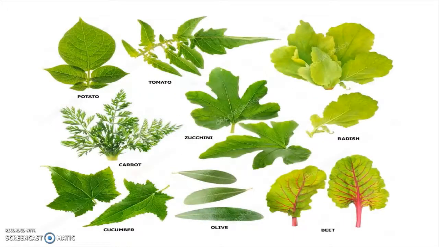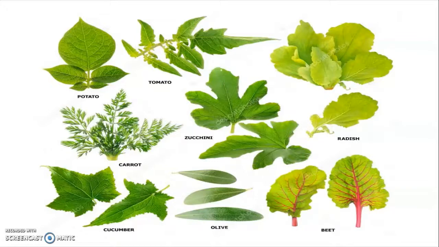Another example of leaves: potato leaf, tomato leaf, zucchini leaf, carrots, cucumber, olive, beet, and radish. So here are the different kinds of leaves of different plants or trees.